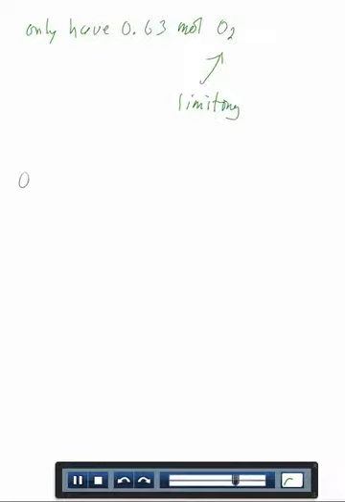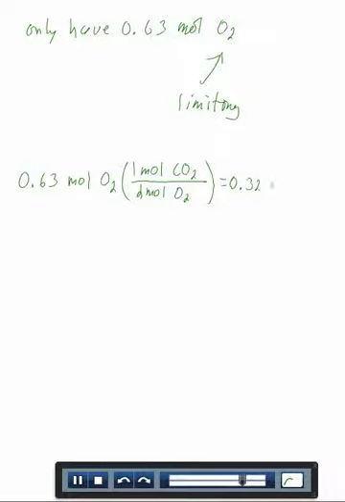Start with my limiting reagent to determine how much product I can form. So I have 0.63 moles of oxygen. From the balanced equation, I have 1 mole of carbon dioxide per every 2 moles of oxygen, and that will give me 0.32 moles of carbon dioxide.